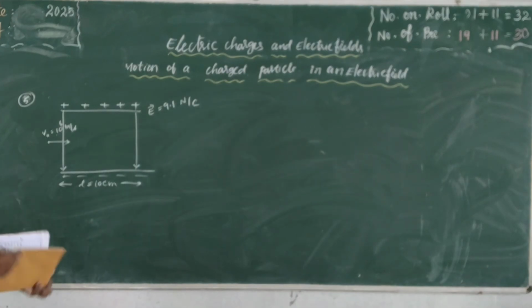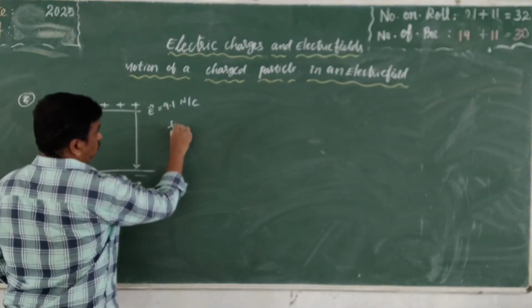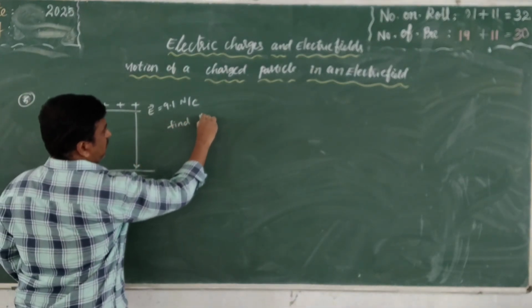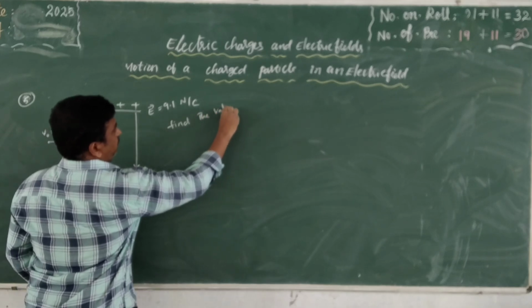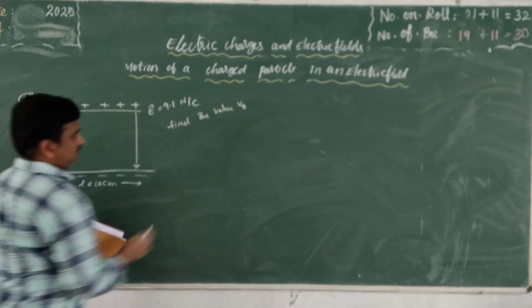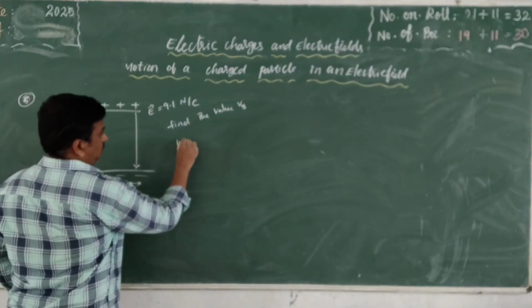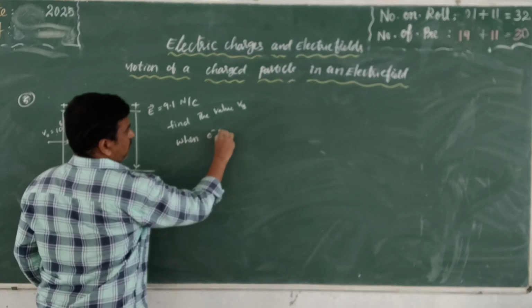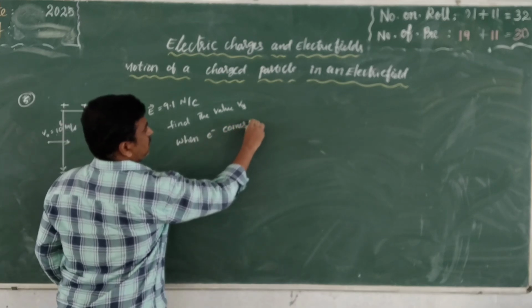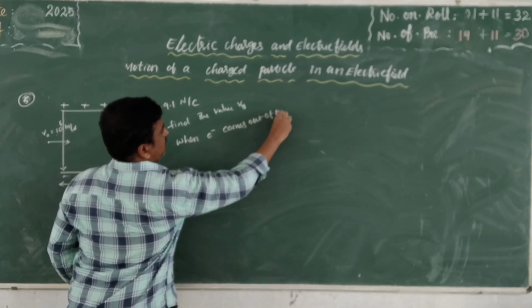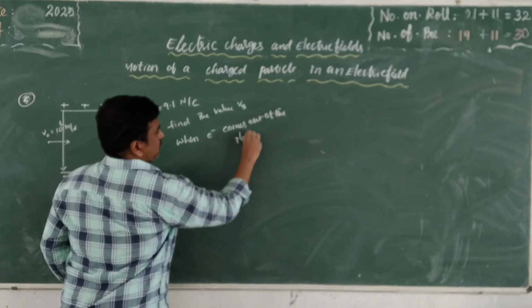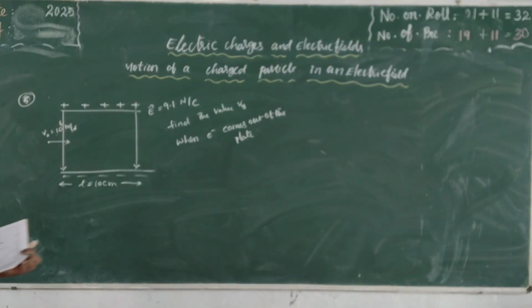Then find the value of Vy, the final velocity along the y axis when the electron comes out of the plate.